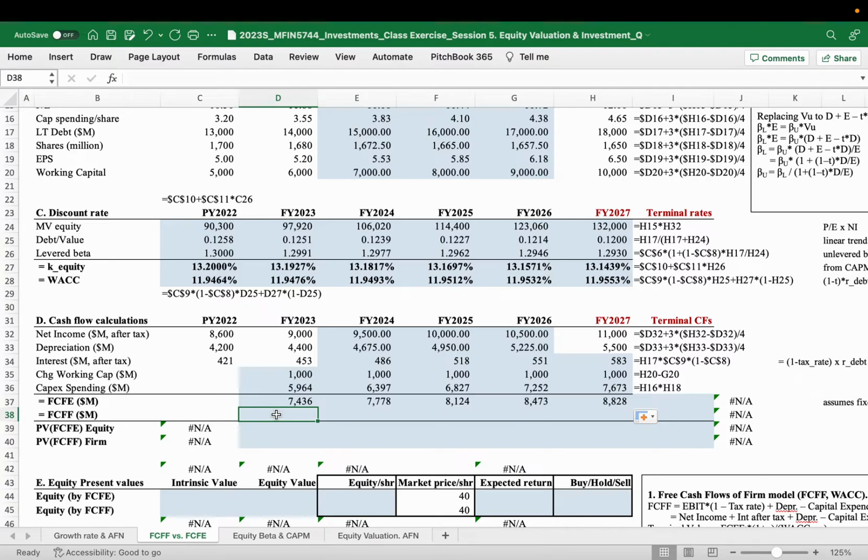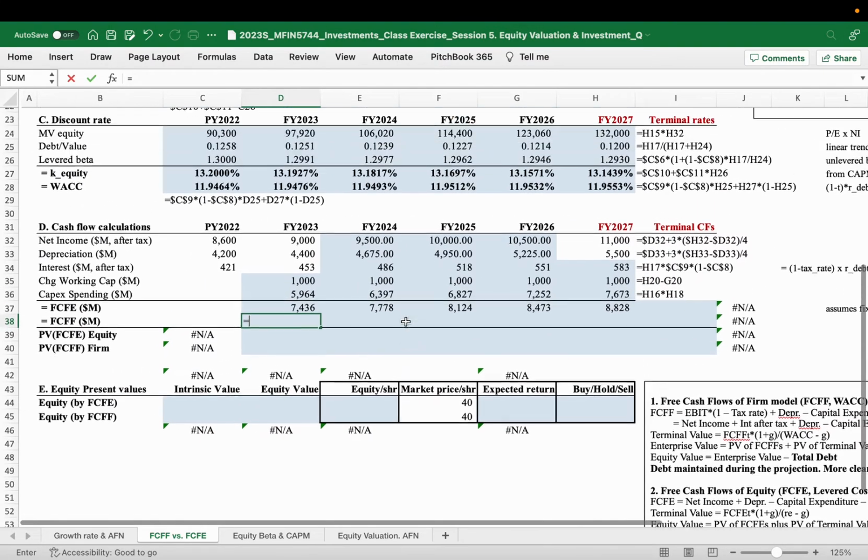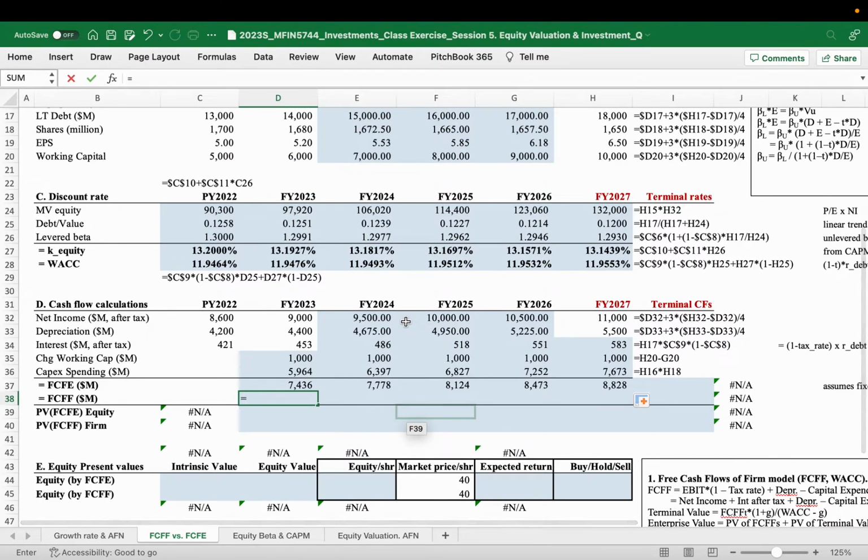Now, for the free cash flow of the firm model, how do we get it? We use net income, or EBIT times 1 minus tax rate, which is the same. Net income plus interest after tax plus depreciation minus capital expenditures. The rest are the same. What we are calculating is the cash generated by the entire firm, right? That's why we need to include interest after tax with the net income.